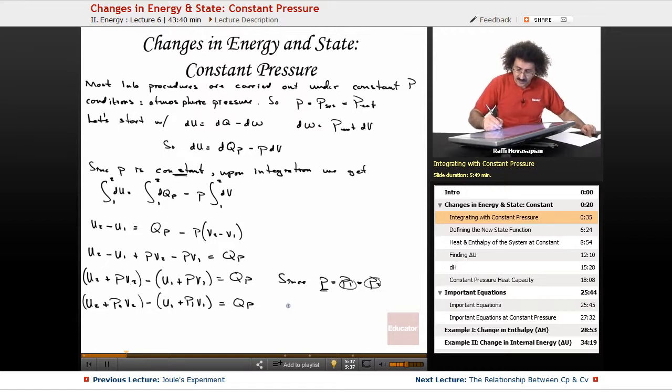U is a state function. We know that. Pressure is a state function. Volume is a state function.